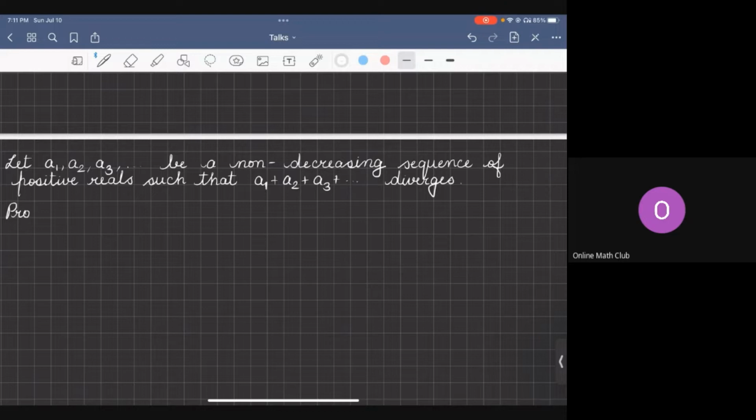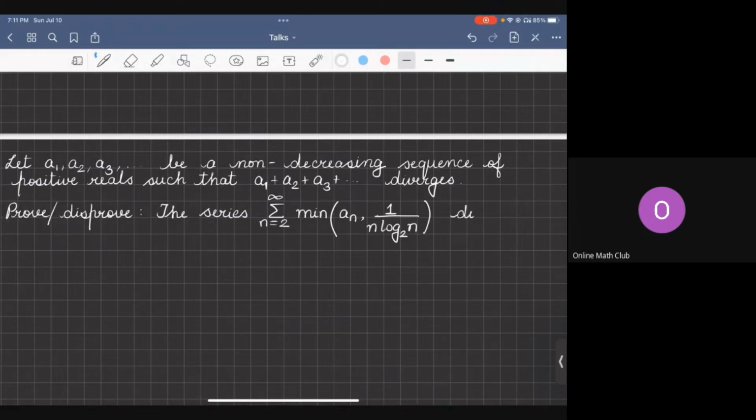Prove or disprove: the series sum from n equal to 2 to infinity of min of an comma 1 over n log n base 2 diverges.